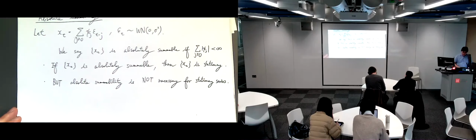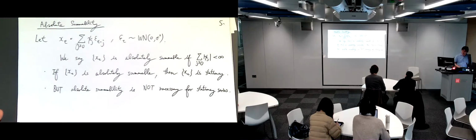So the relation is: if you have an absolutely summable time series, then it is stationary. But does stationarity certainly mean it's absolutely summable? Well, that's not the case. In the latest exercise, the last question, I demonstrated this using something called a harmonic time series.